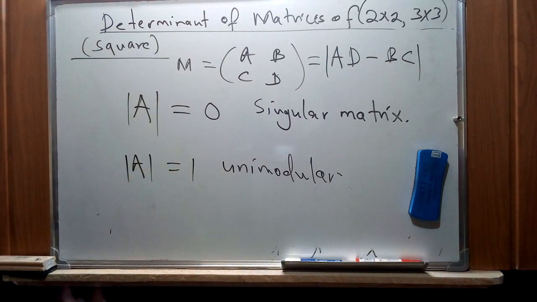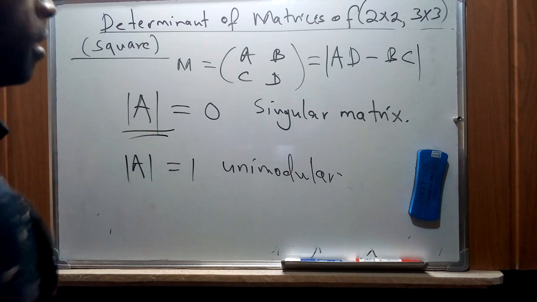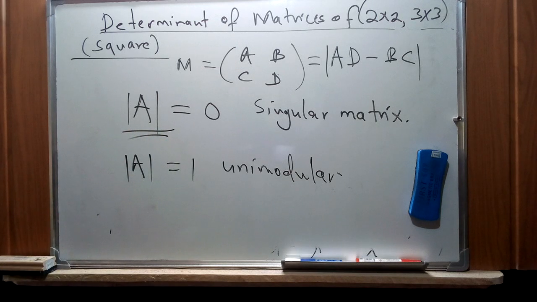A matrix whose determinant is 0 is known as a singular matrix, and a matrix whose determinant is 1 is known as a unimodular matrix.